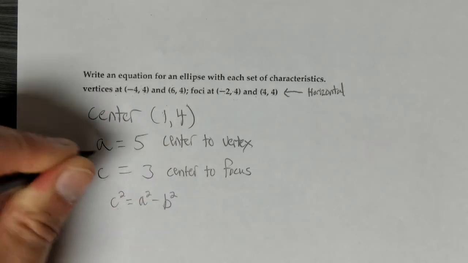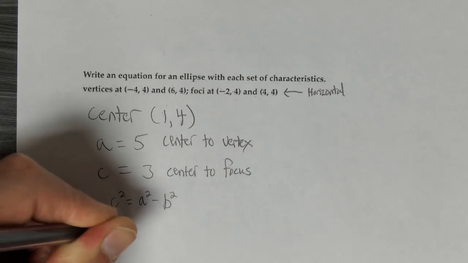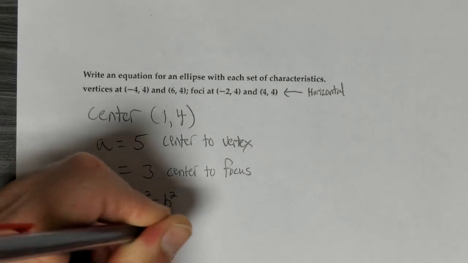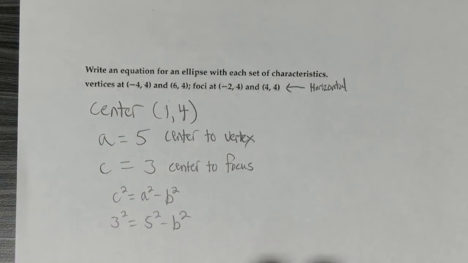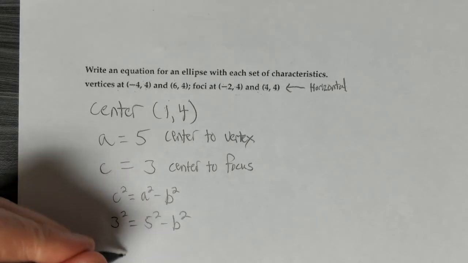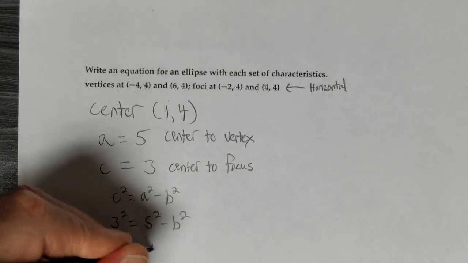Then I'll have C is 3, so that's 3 squared equals 5 squared minus B squared. So let's see, we can do 25 minus what? 9 is 16. And then the square root of 16 is 4. So my B would be 4.